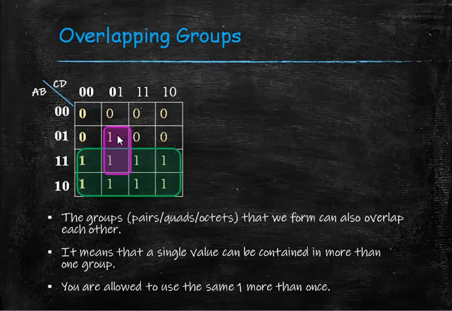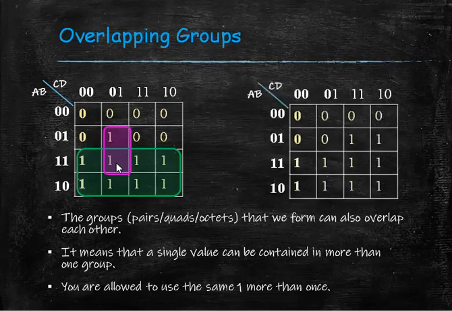That is, this 1 is used 2 times. That is an overlapped group. Consider another example. Here there are 10 ones.